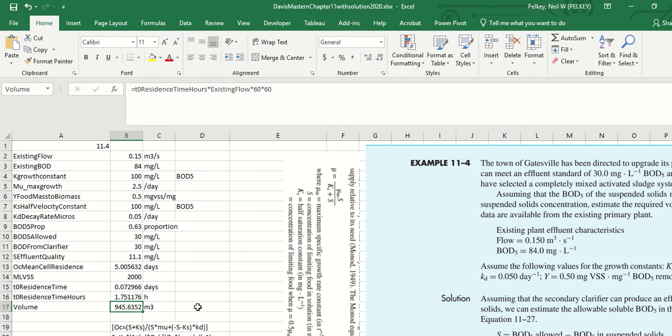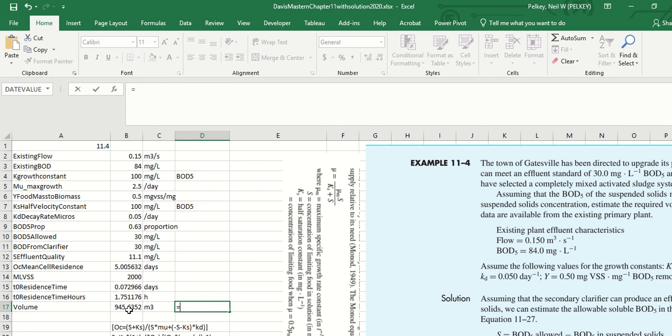So if that sucker is 2 meters deep, we don't want to get much deeper than that. It's 472.